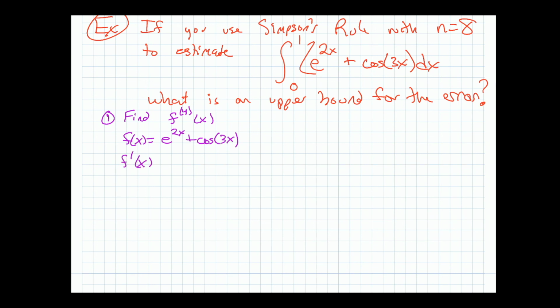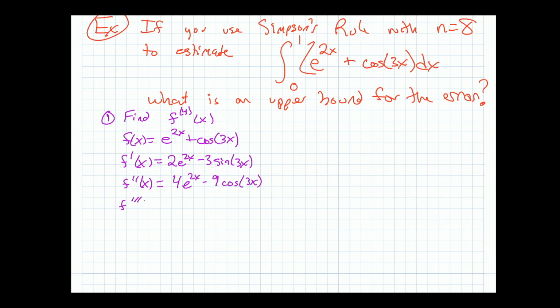What's f prime? Got to take a derivative. So you're going to need a chain rule here. So 2e to the 2x, actually minus 3 sine 3x. F double prime: 4e to the 2x minus 9 cosine 3x.